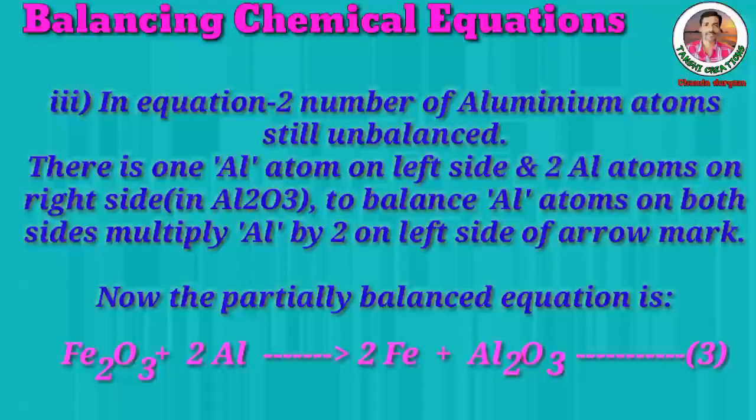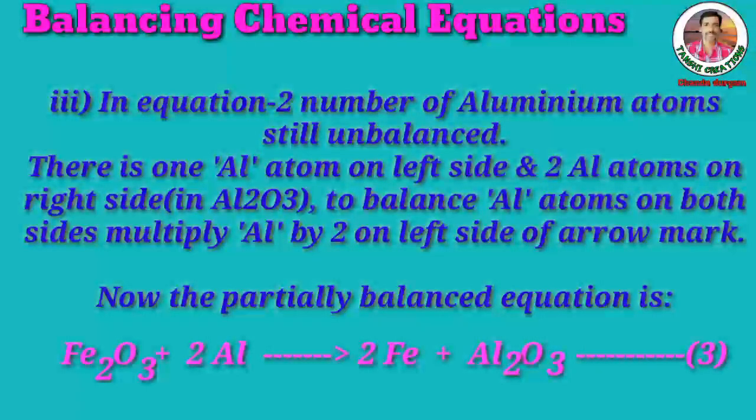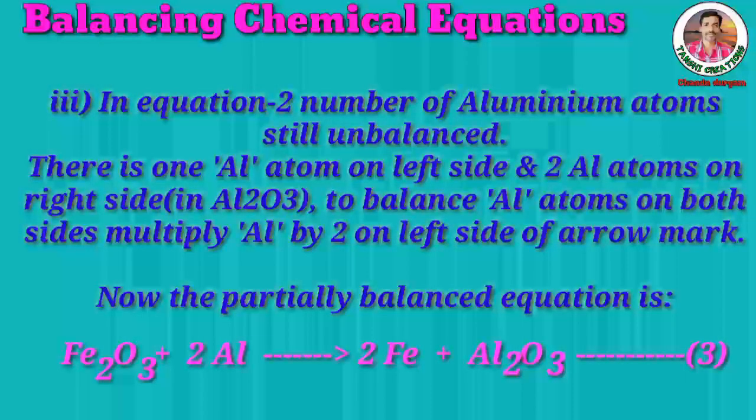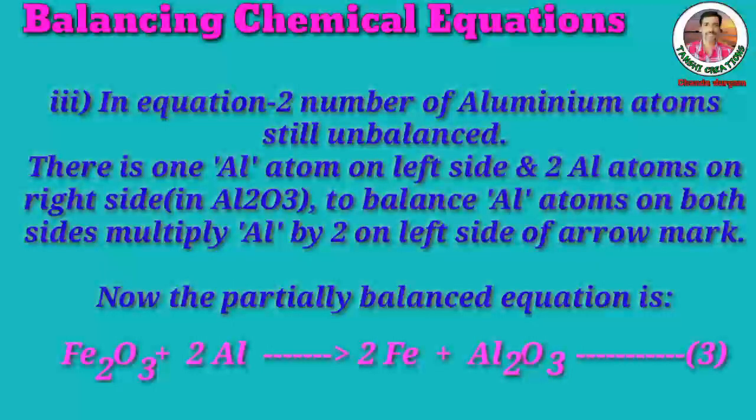To balance Al atoms on both sides, multiply Al by 2 on the left side of the arrow mark. Now, the partially balanced equation is Fe2O3 plus 2Al gives 2Fe plus Al2O3.